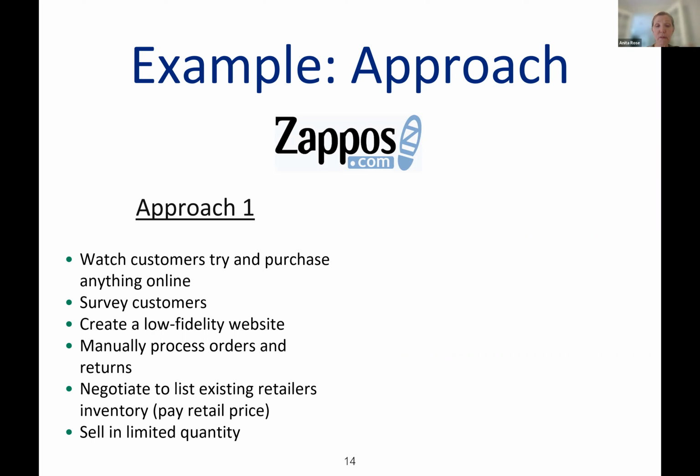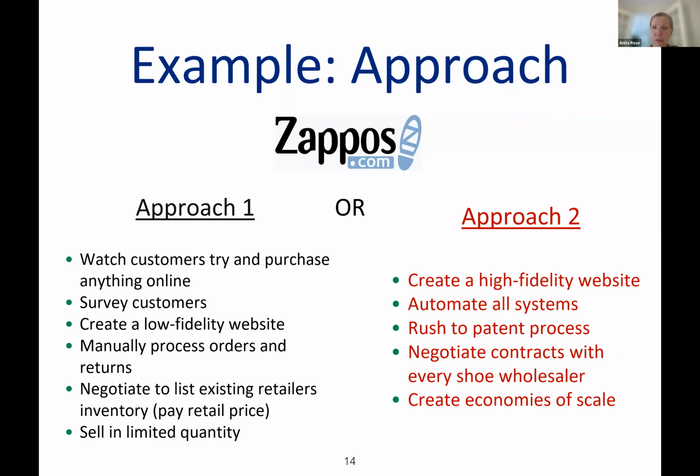Negotiate to list existing retailers and sell in limited quantity. So they thought about this approach. The other approach is to create a high fidelity website. That means a perfectly developed website, automated, all systems ready to go. You have everything set up, costly to do this. Approach one is inexpensive, and it's a way to see if you can validate your customer and whether or not they want that product.